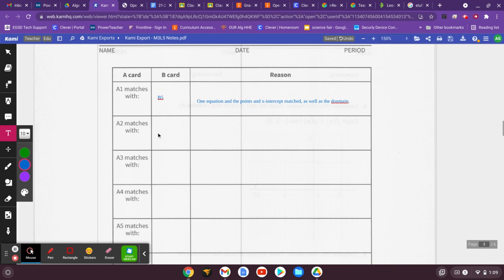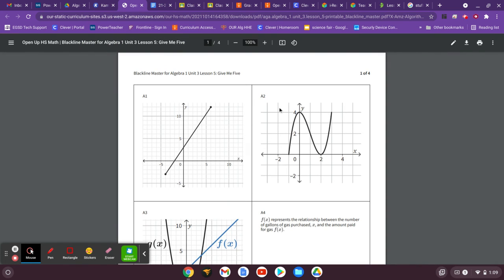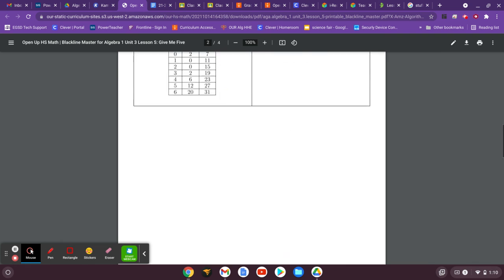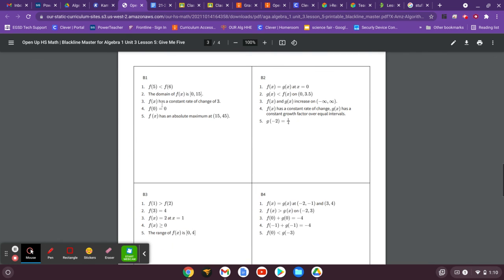Okay, so A2. Let's see which one A2 matches. So A2, again, is one equation. So that's going to help narrow it down a little bit. We kind of go from 0 to 4 for our y's and -1 to 3 on our x's. So let's see what happens here. B1 was one graph.